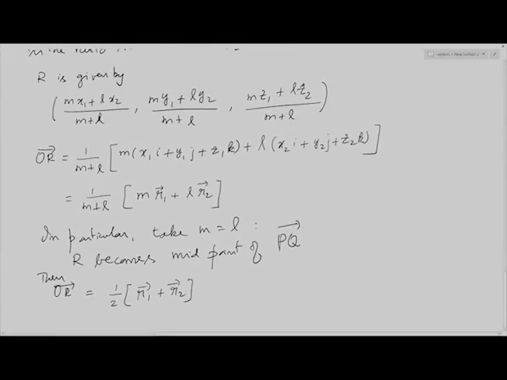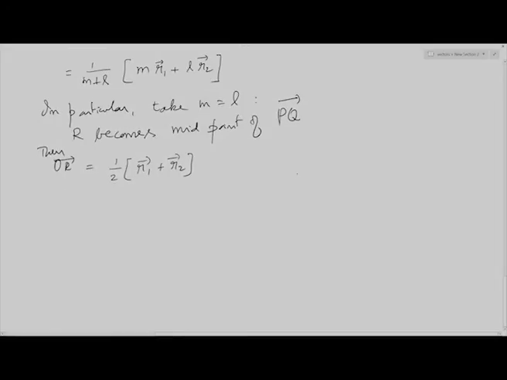So if any two points are given and I know the position vectors, then the midpoint is given by simply the vector. If I call this the origin, and R1, R2, the midpoint is given by simply 1 by 2 times R1 plus R2. This is Q, this is P.